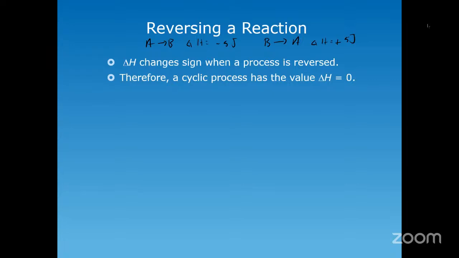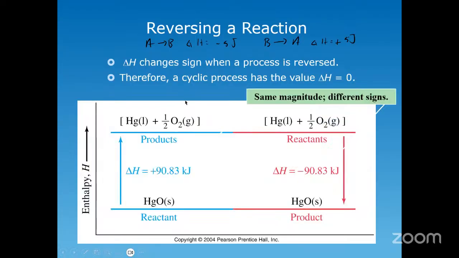So obviously what this means is that in a cycling process, if you're going from A to B and then back to A, then the total enthalpy change of that would be 0, right? No change means no change in enthalpy. Oh, so I do have an example here. The reaction going from mercury oxide to mercury and oxygen has been determined to have an enthalpy change equal to plus 90.83 kilojoules, right?